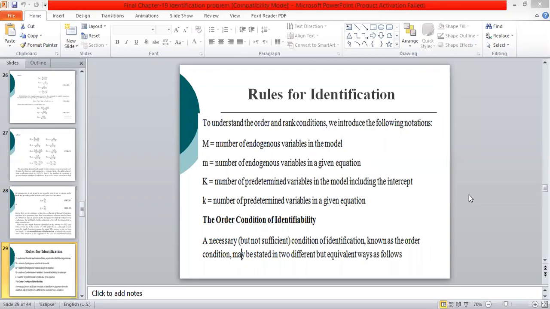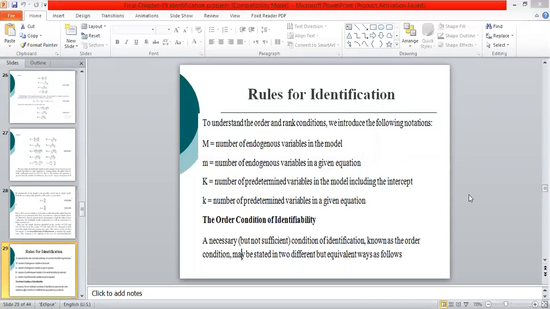Fortunately, it is not essential that the identification of any equation be made only by the reduced form equations. Identification of any equation can be done by many other methods.